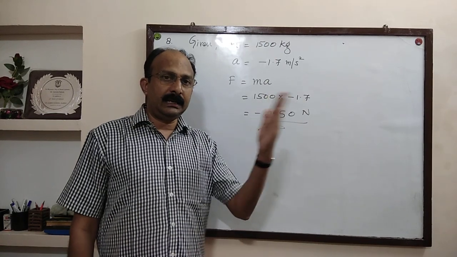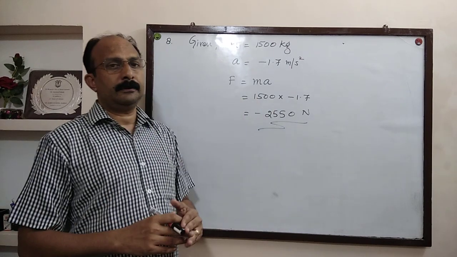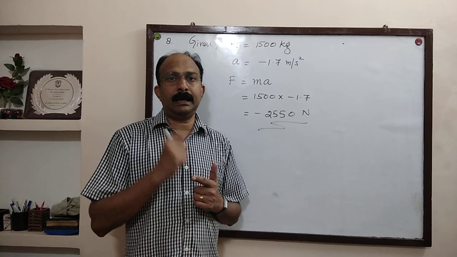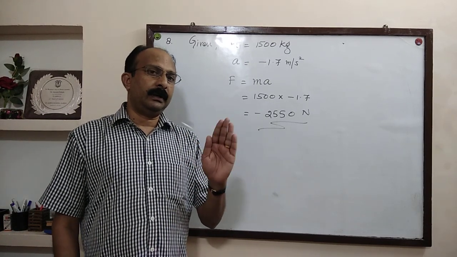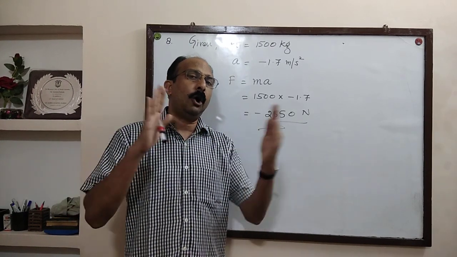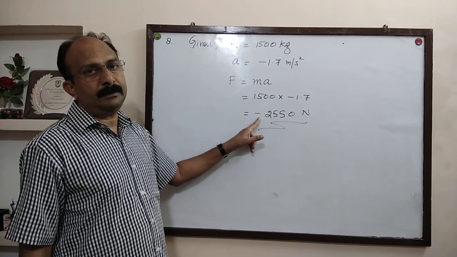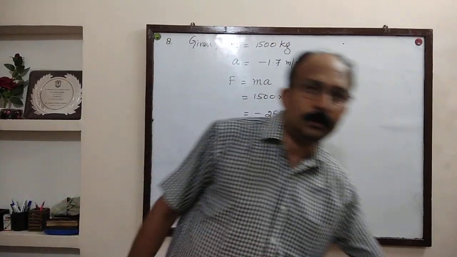This force is acting in the direction opposite to the motion of the vehicle. Always remember, force has both magnitude and direction. This time the force is applied on the vehicle to stop it. So that force will be always acting in the opposite direction of the motion of the vehicle. That's why there is a minus sign. So, simple question, F is equal to MA.